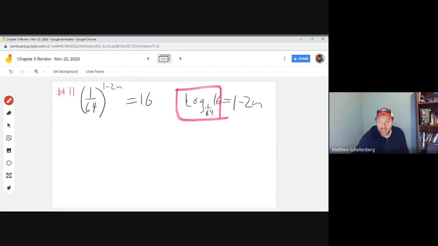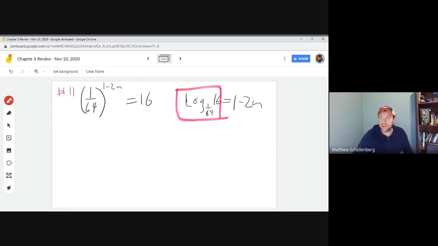And as the base, I want 1 over 64, which is also known as 0.01565. And it's of 16.